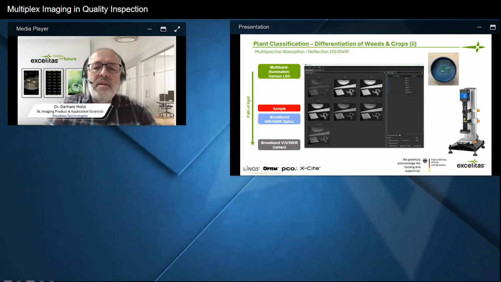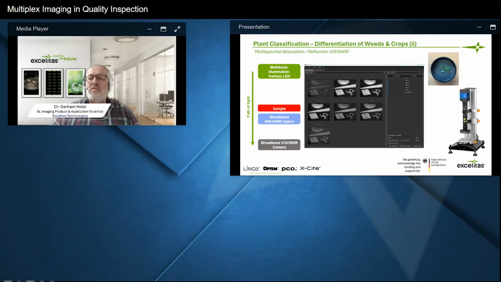And the goal was really to see if there is any kind of spectral fingerprint that allows to separate the weeds from the crops. Therefore, the plant samples were used in this industrial microscope setup that will be maybe more discussed by Michael, because it's as well a very nice system which has been optimized for shortwave infrared readout.